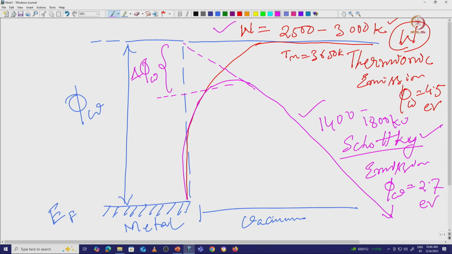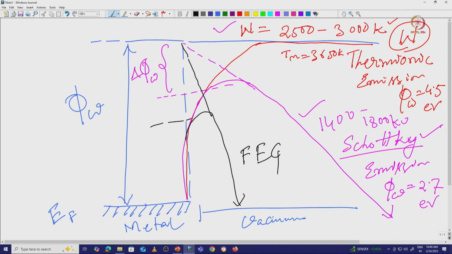Now I will draw the final one, the field emission gun. If we look at it, it will go something like that. If you draw it, the work function value is changing again. This is called the field emission gun.